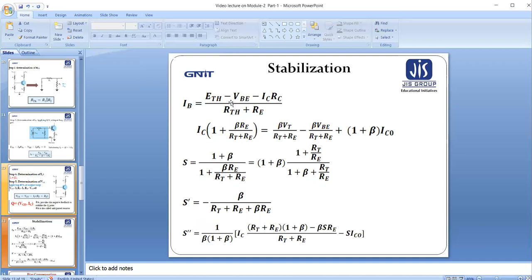So IB equals ETH minus VB minus IC RC by RTH plus RE. Now this IC will be manipulated like this expression, and we know S equals del IC by del IC naught. If you take the differentiation, we will get this type of expression. And most importantly, if we see this 1 plus beta, there are two types of 1 plus beta.